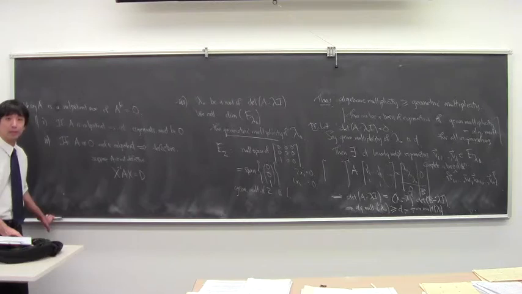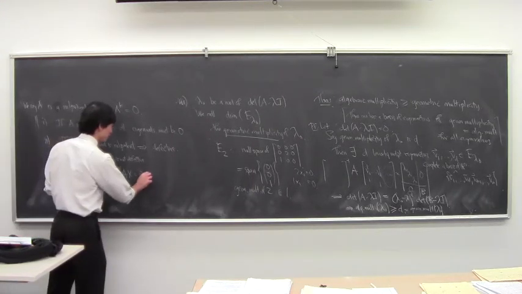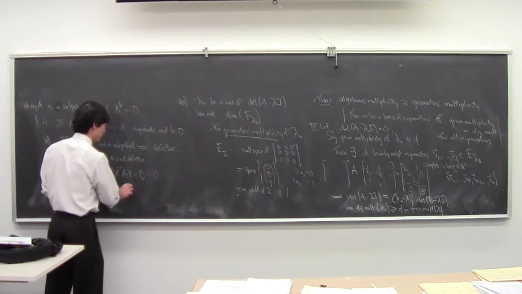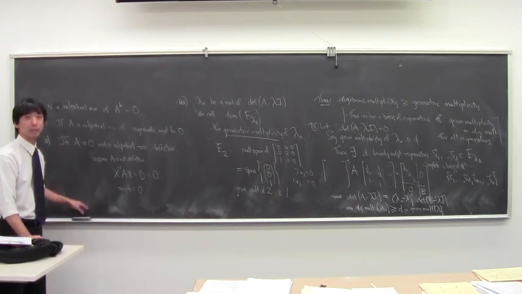What's wrong with that? All the eigenvalues would be 0, so this would be the 0 matrix, and then A would be the 0 matrix. But we assumed A was not the 0 matrix. It's a contradiction.